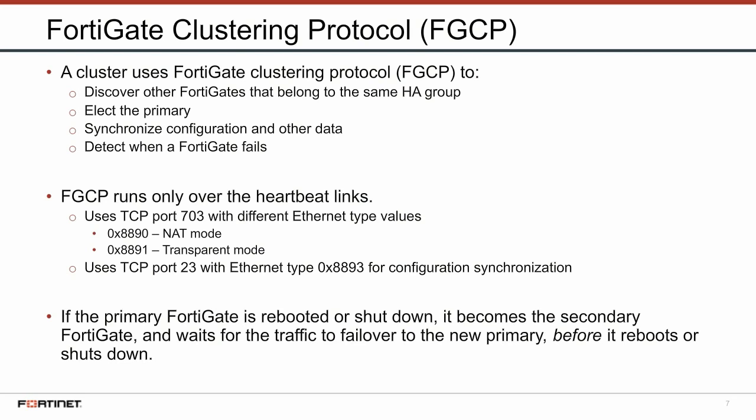Starting in FortiOS 5.6.0, when you manually restart or shut down the primary FortiGate, before it actually shuts down, it becomes the secondary device in an HA cluster and waits for the traffic to fail over to the new primary before it shuts down or reboots.